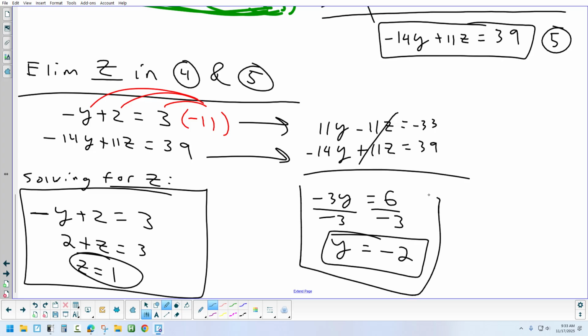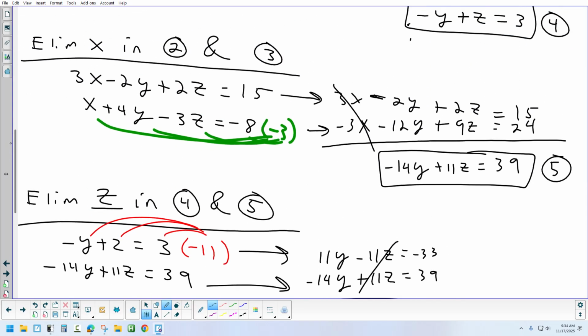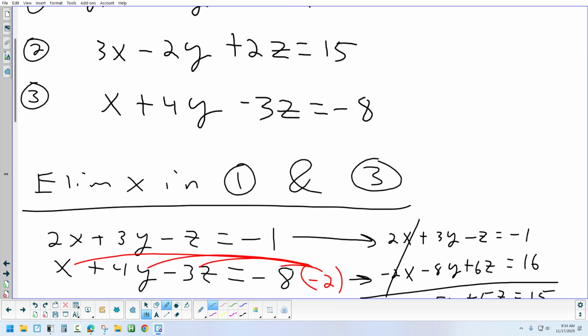This was solving for y. And what's the only letter we have left? X. Let's solve for x. Now, you can't use equations 4 or 5 to solve for x. How come? There's no x. So you got to go back to one of the originals.